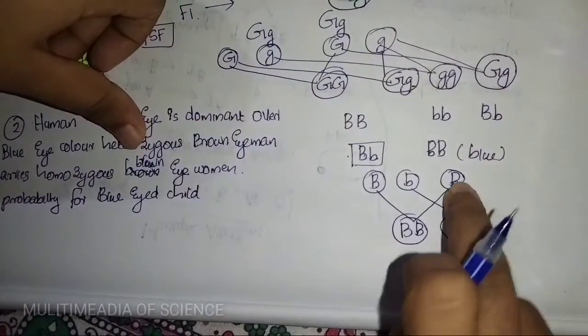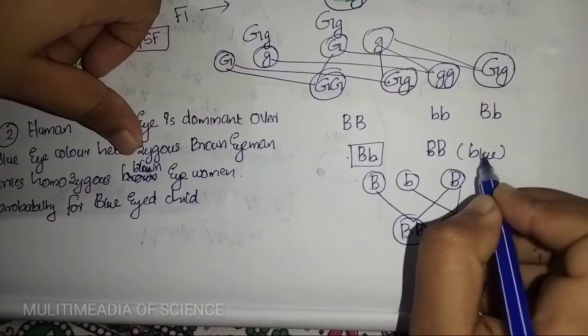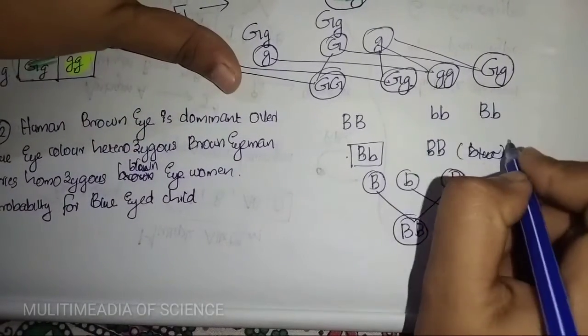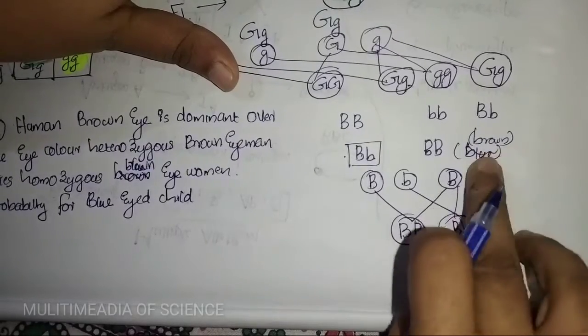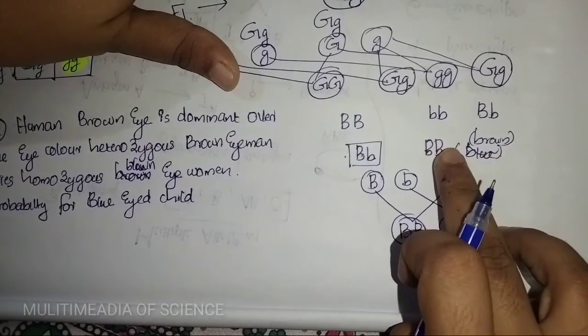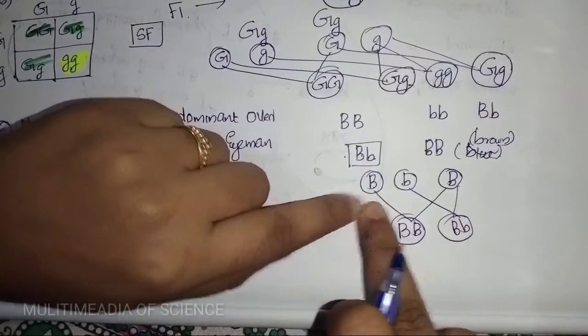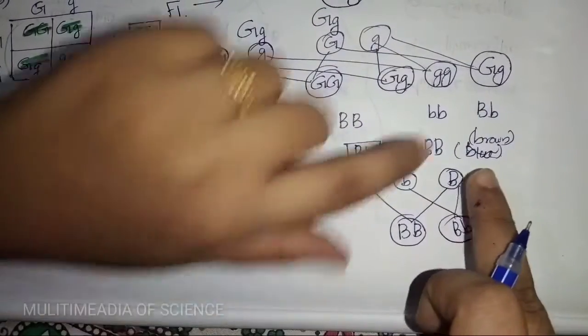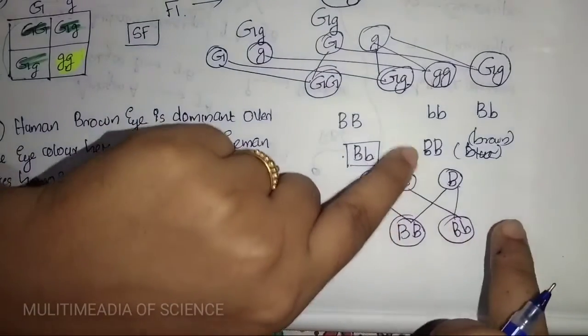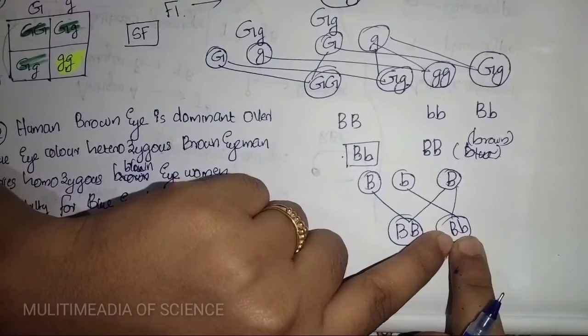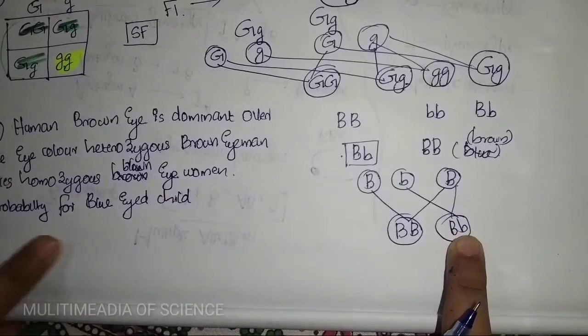It is not blue. It is brown. He marries a brown-eyed woman. So capital B. So capital B, small b crosses with capital B, and here capital B.